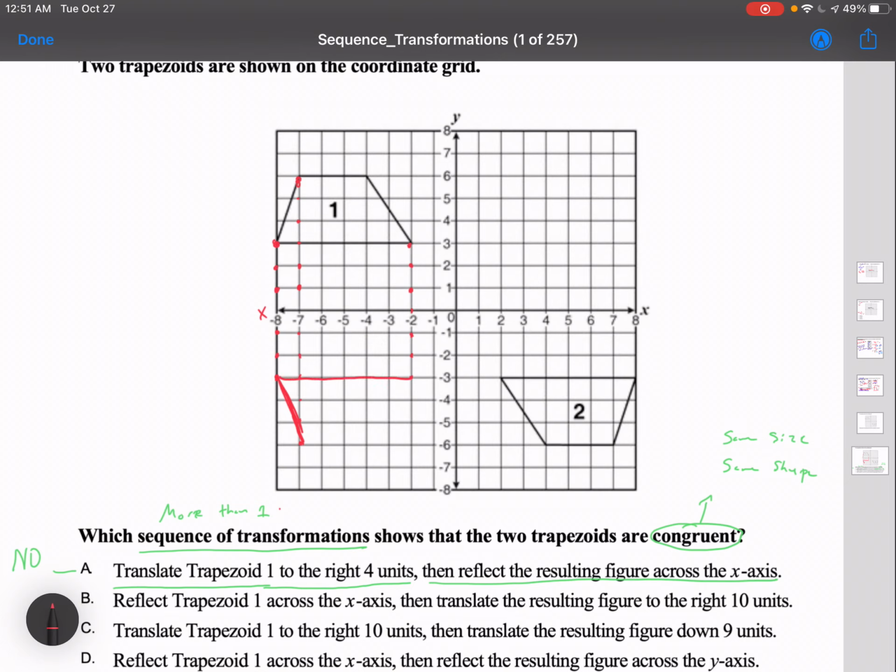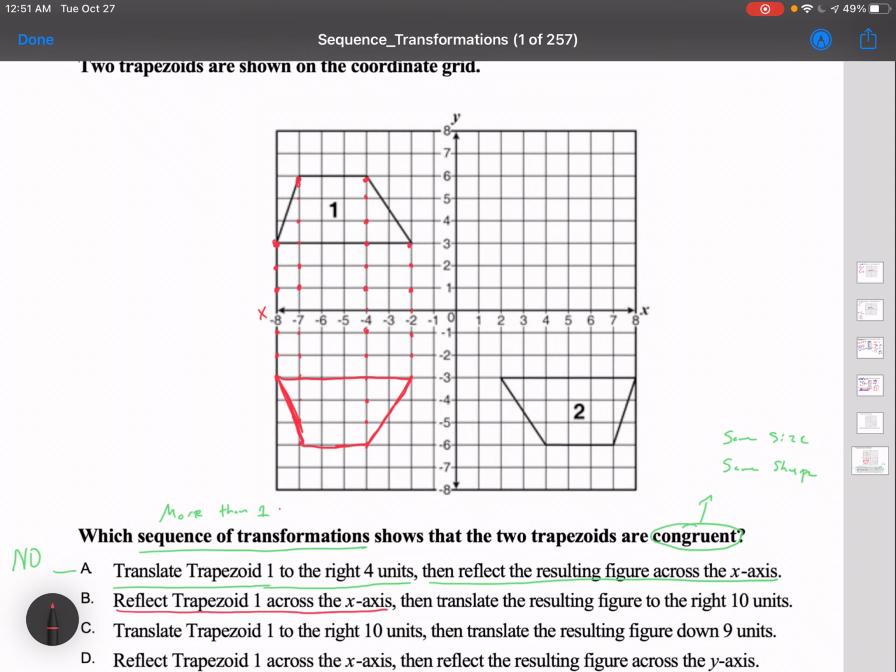Notice how I'm counting these points, 1, 2, 3, 4, 5, 6 and 1, 2, 3, 4, 5, 6. And then it's saying that I translated the shape. So that was the first part, reflect across the x-axis.